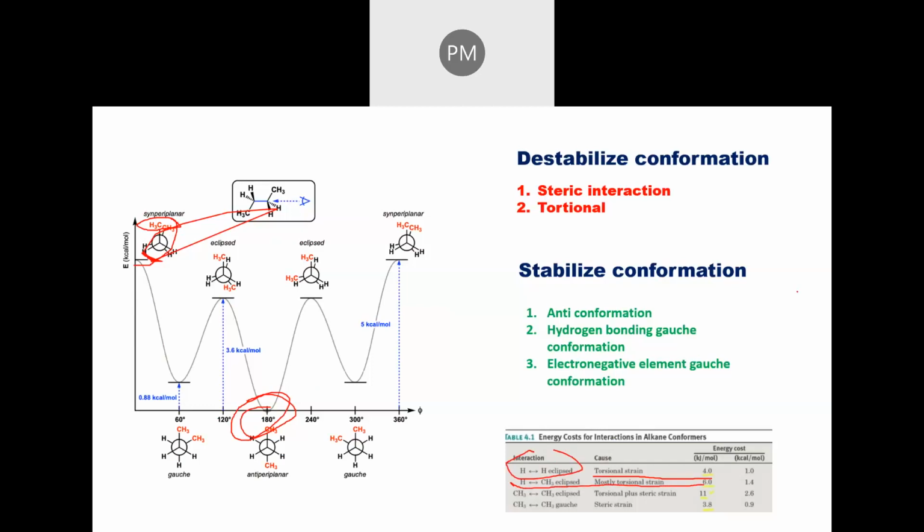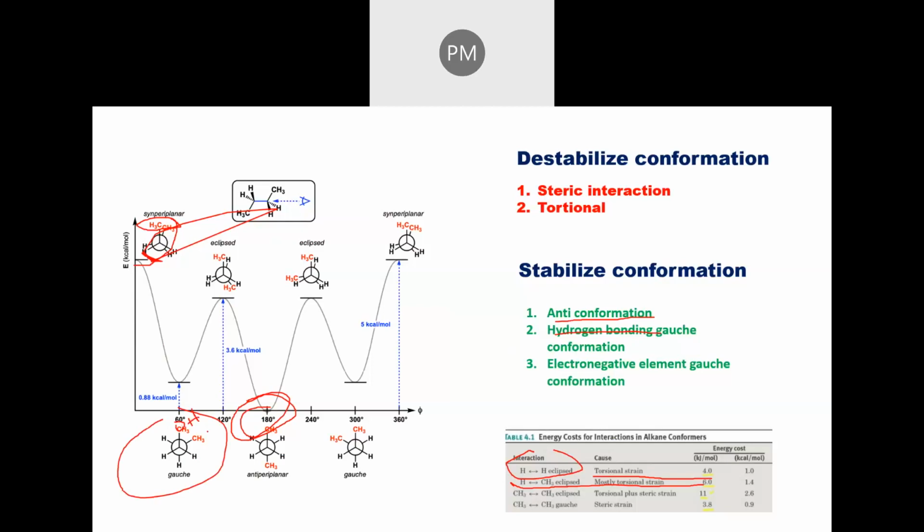So another factor: what are the stabilizing factors? They have told that for a bulkier group, the anti-conformation is stable. But when hydrogen bonding is present, then the gauche conformation, like this conformation, is stable. Why? Hydrogen bonding happens when some electronegative group is present and connected with a hydrogen.